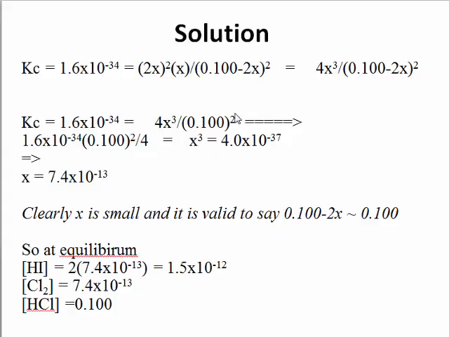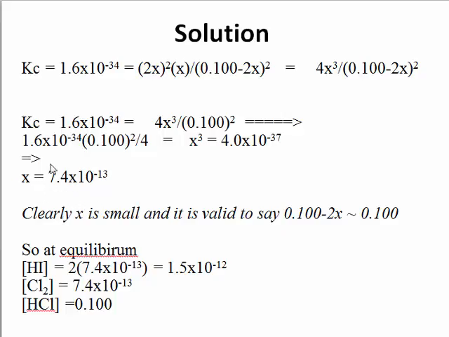If I solve this algebraically, 1.6 times 10 to the negative 34 times 0.1 squared divided by 4 is x cubed. You should verify on your calculator that this number is 4 times 10 to the negative 37, and that the cube root is 7.4 times 10 to the negative 13.